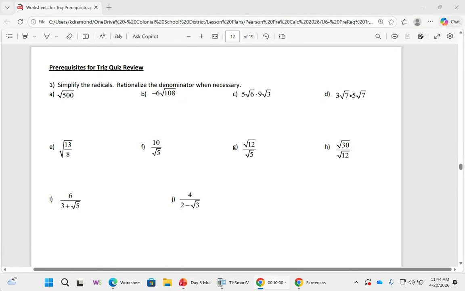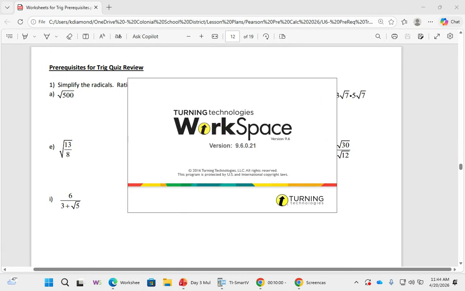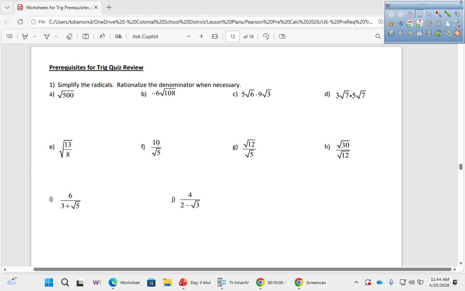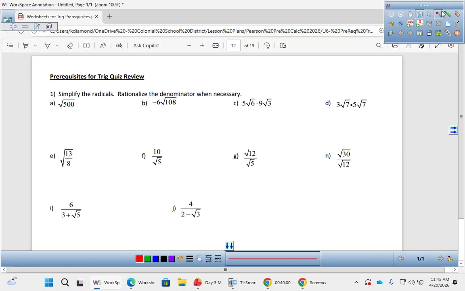So what I would do next is go to the y equals screen, and I would do 500 divided by x. What I'm looking for in the y equals screen, specifically in the y1 column, is a perfect square. And you should know your perfect squares.